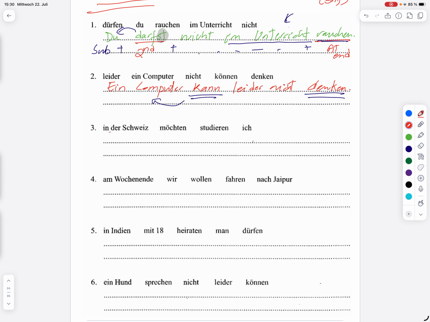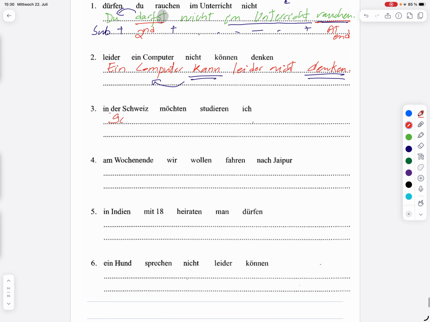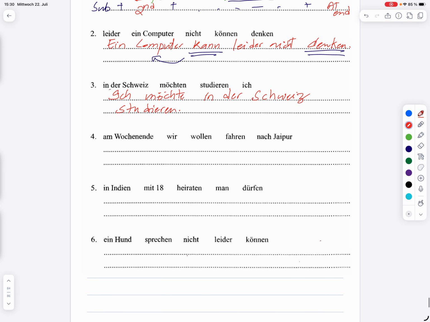Okay, moving on. In der Schweiz, möchte, studieren, ich. Ich möchte in der Schweiz studieren, right? Fourth: am Wochenende, wir, wollen, fahren, nach Jaipur.